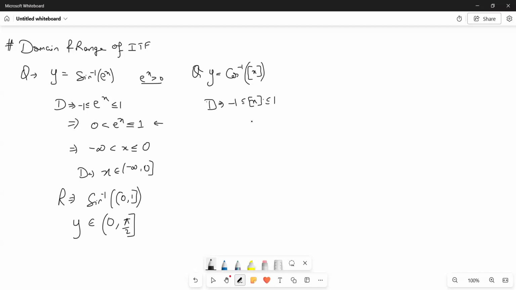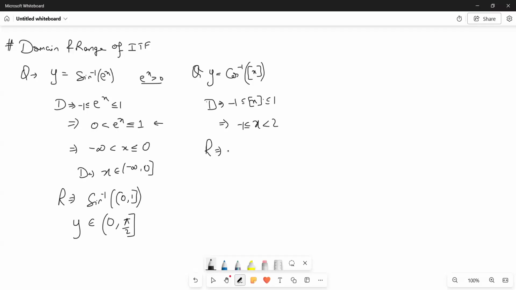But if cos x lies between -1 to 1, this would imply that x should lie between -1 to 2. Cos x being 1 implies x would lie between 1 to 2. So cos x lying between -1 to 1 will imply x lies between -1 to 2. So that would be the domain.